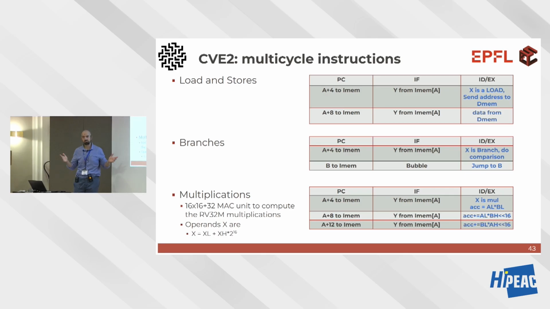First you do the first 16 bits, then the mixed products, and then you sum them all together. With a 16-bit multiplier, you can implement in 3 cycles a 32-bit multiplication, or in 4 a 64-bit multiplication.